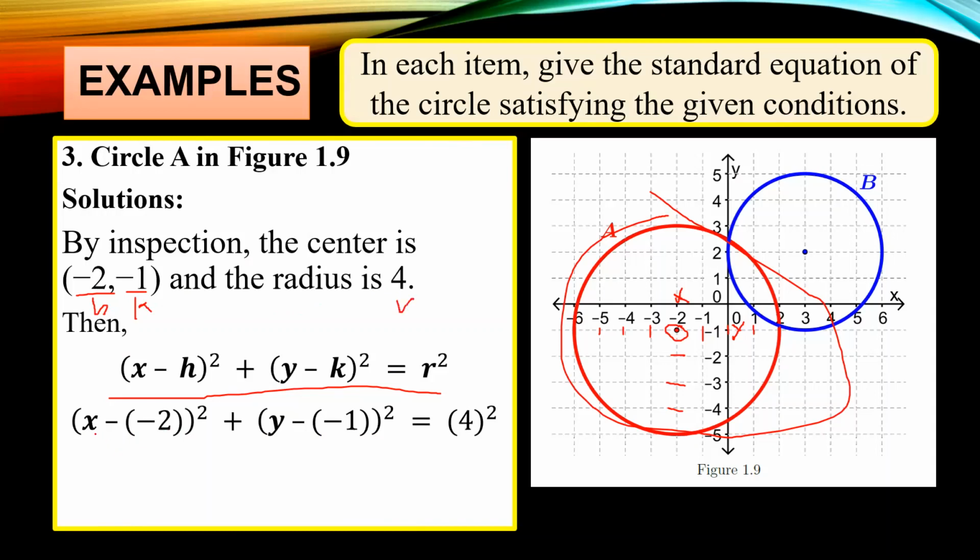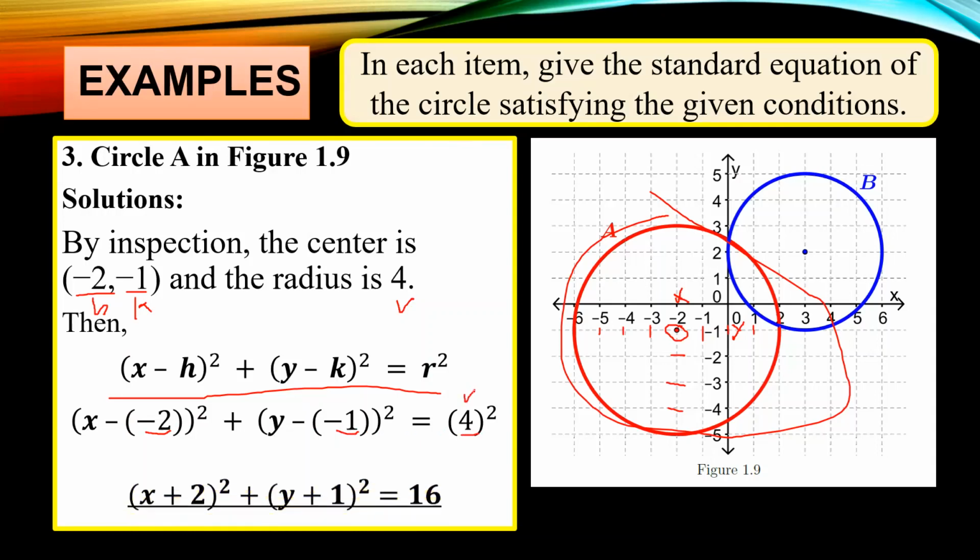So therefore, we have x minus the quantity -2. Why -2? Again, this is the h. Then we have squared plus y minus -1, since k is -1, squared is equal to 4 squared. This is the r.